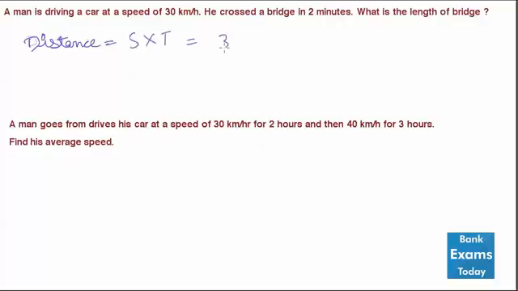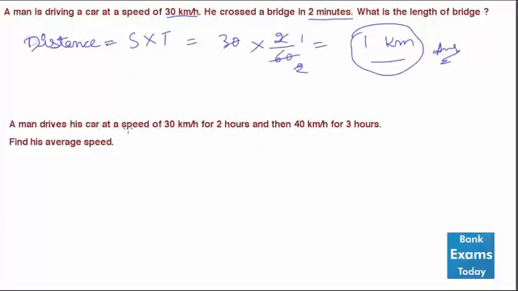So here the speed is 30 and the time is, if the speed is given in 30 kilometers per hour, you have to convert minutes into hours. So 2 divided by 60. So it comes out to be 1 kilometer, and 1 kilometer is our answer.